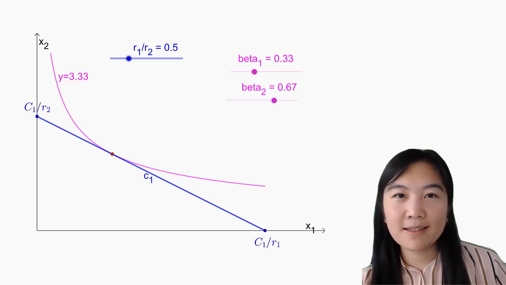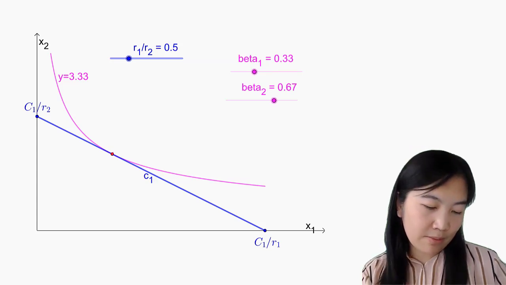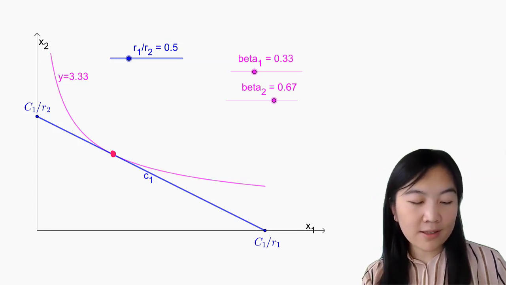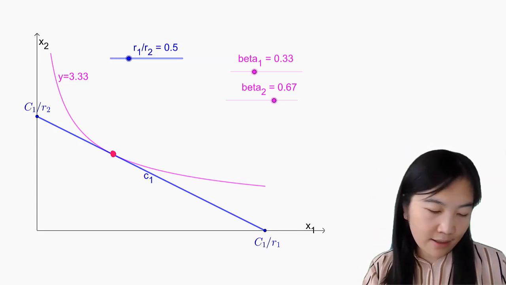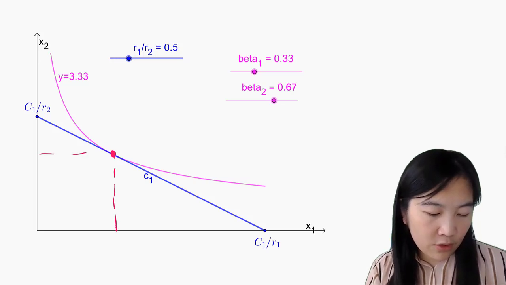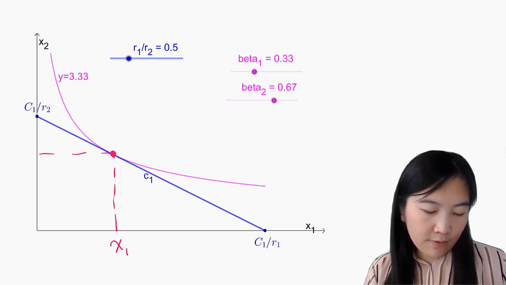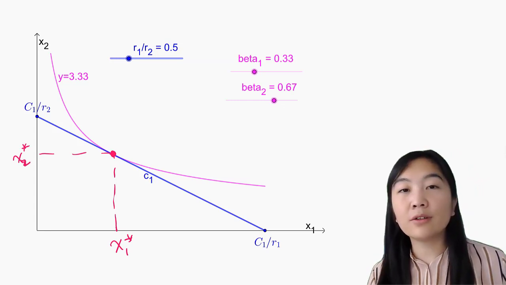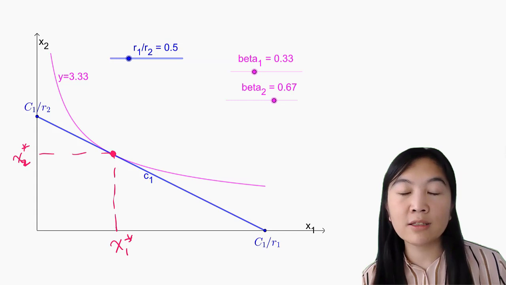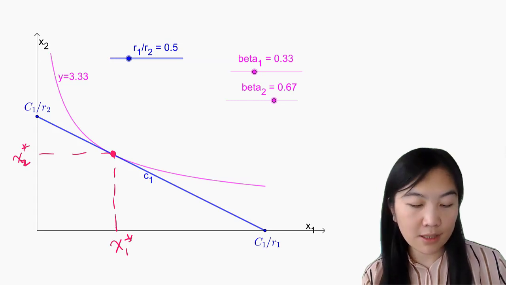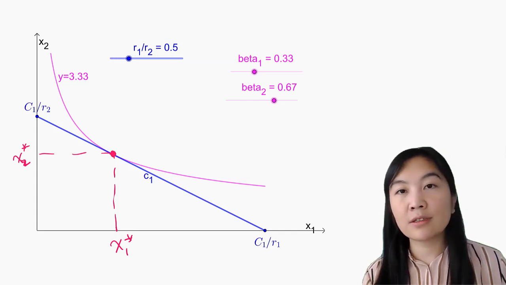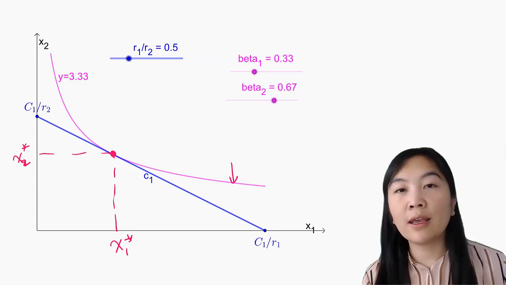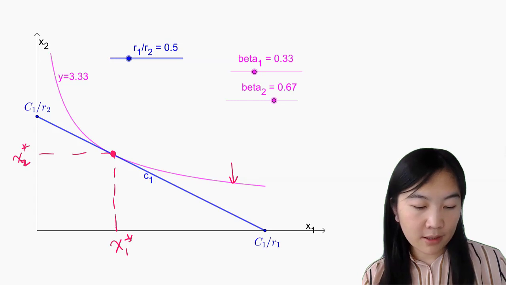Graphically, this means that we choose the point here. This is the cost-minimizing combination of x1 and x2, and if you draw dashed lines there, you will find out that the same quantity of x1 and x2 should be used. If I give you this problem, you can actually first draw the isoquant curve.